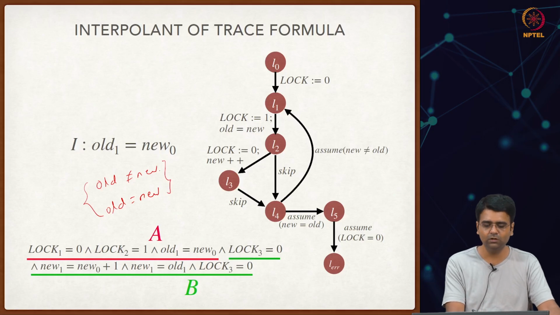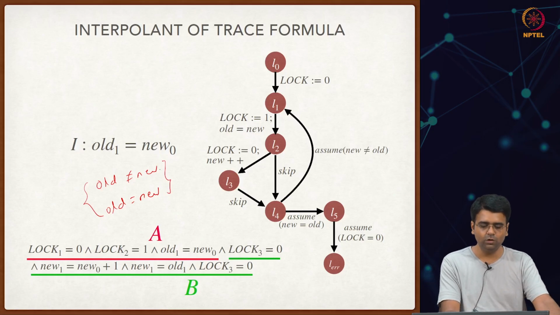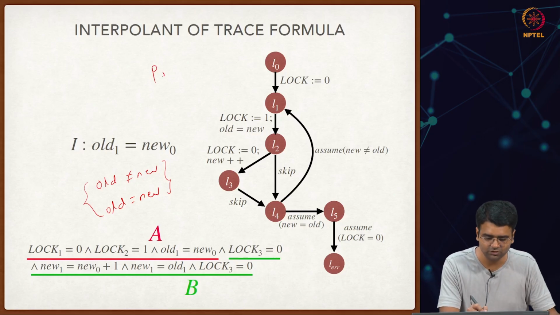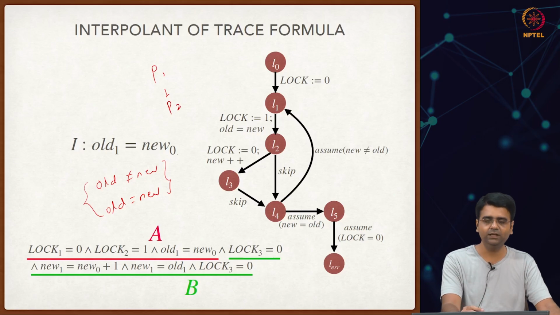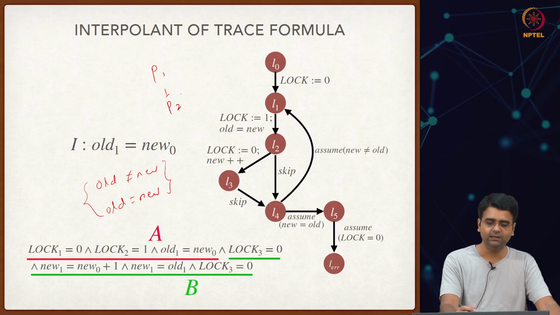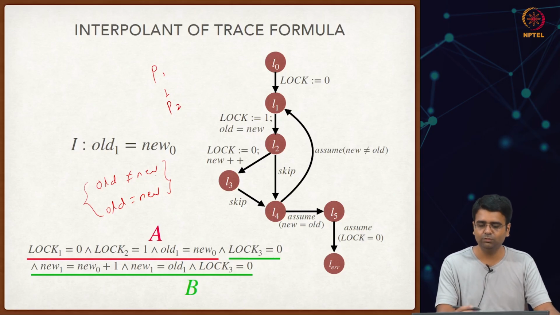So we had added old 1 equal to new 1, or rather old not equal to new and old equal to new, into our predicate abstraction domain. From P1 we had gone to this predicate abstraction domain P2, which included these two new predicates, and with the help of these two predicates, you would be able to show that this program is actually safe, in the sense that this error state is not reachable.